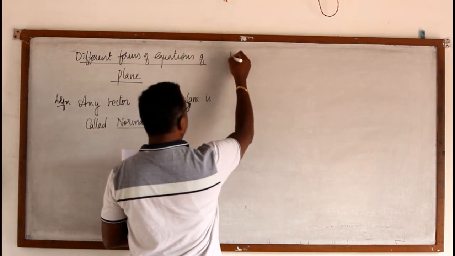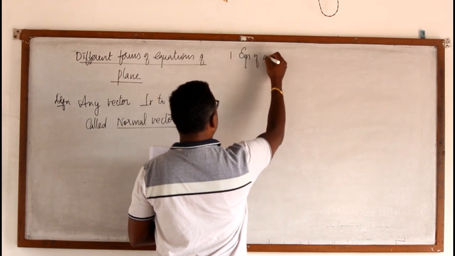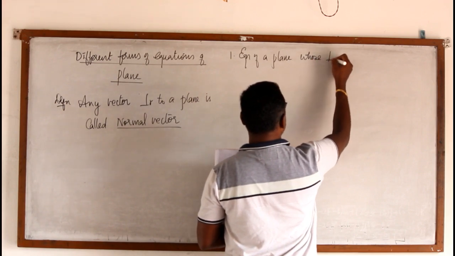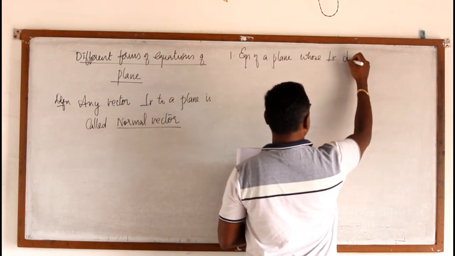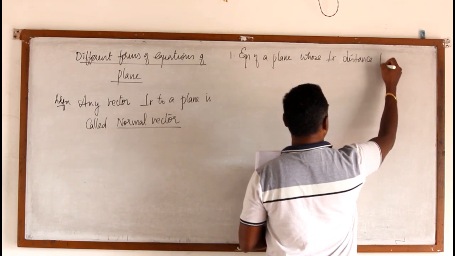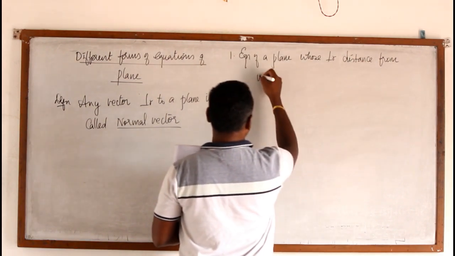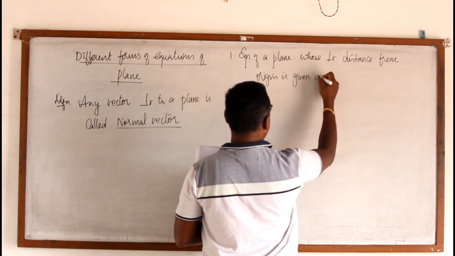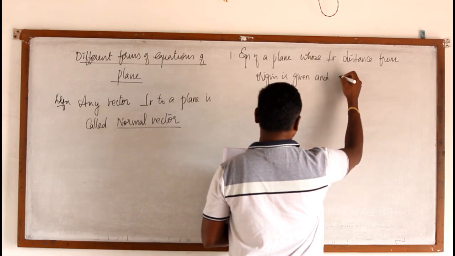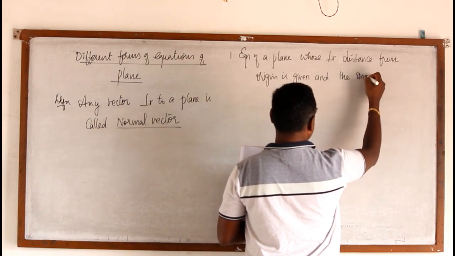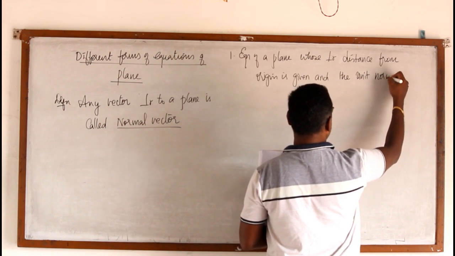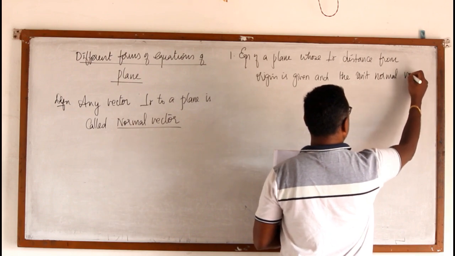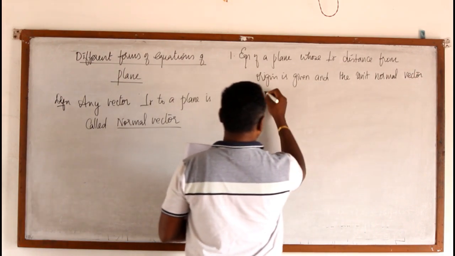Now, first one, equation of a plane whose perpendicular distance from origin is given and the unit normal vector is also known.